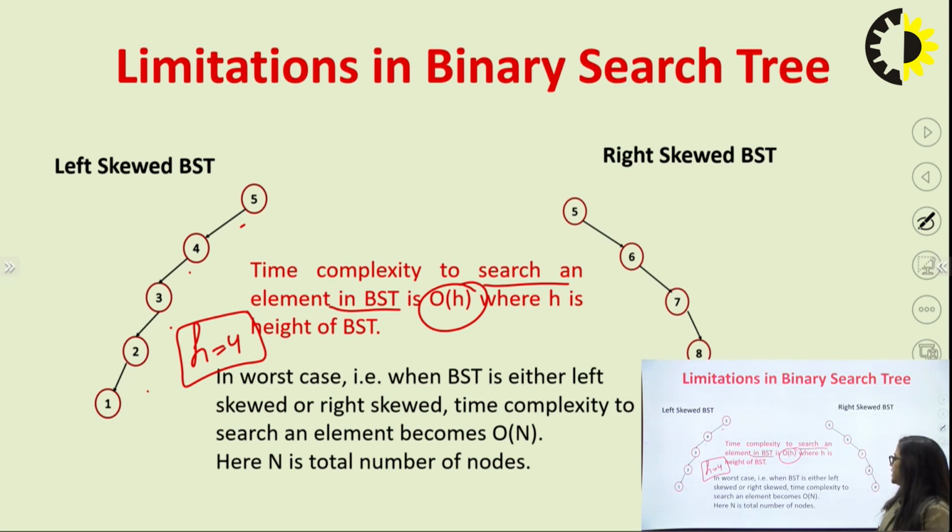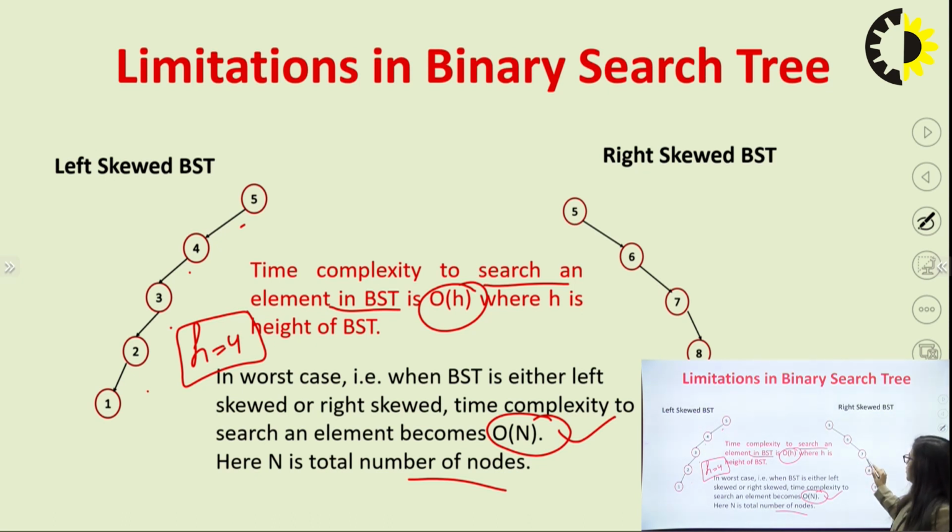So in the worst case, the BST is either left skewed or right skewed, and the time complexity to search an element, where the total number of nodes is n, is in the worst case order of n. The same condition occurs here. 5, the right number is 6, okay. 6, the right number is 7, no issue.